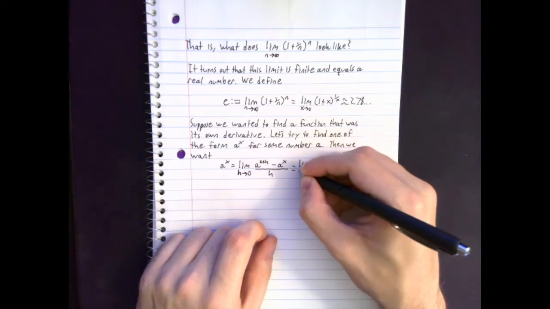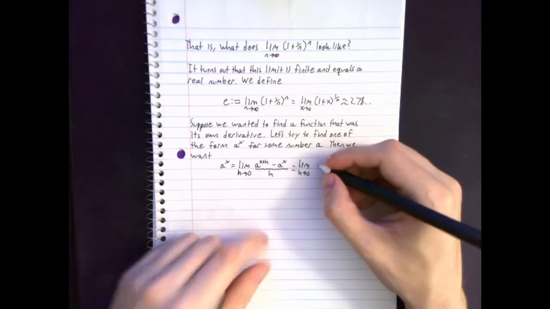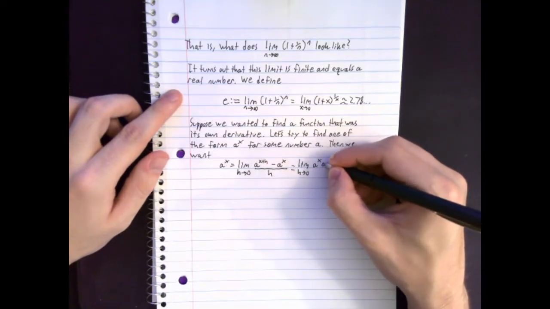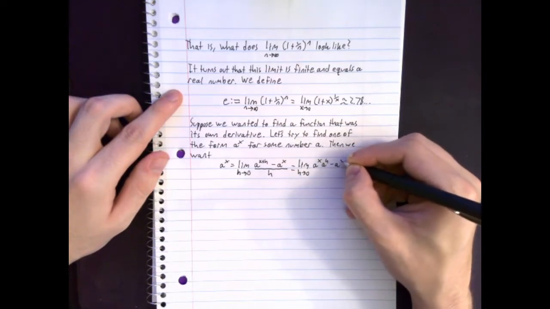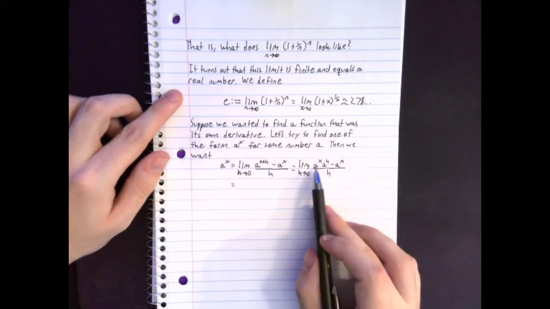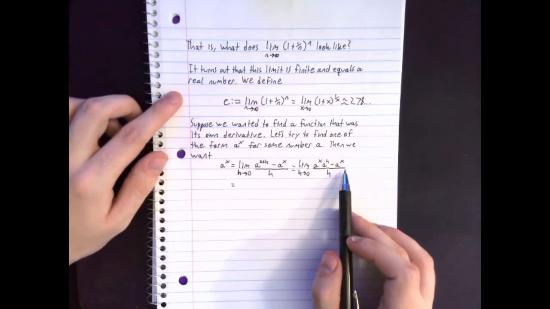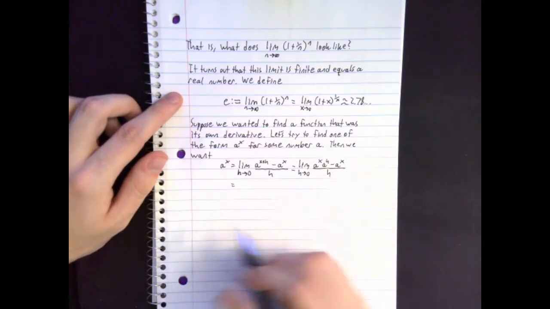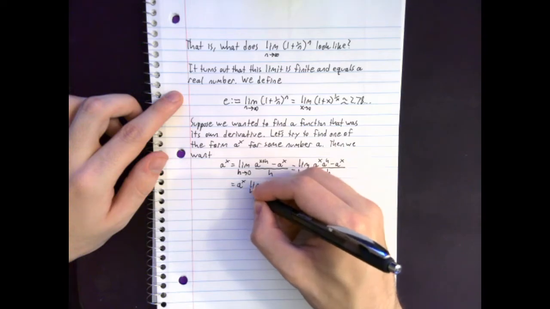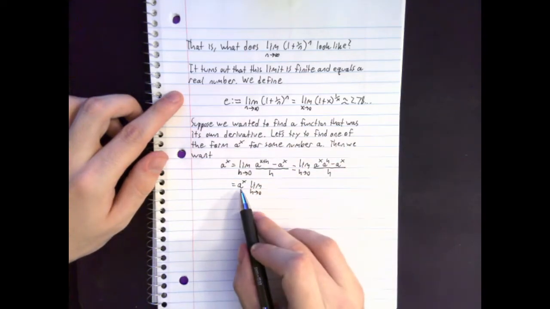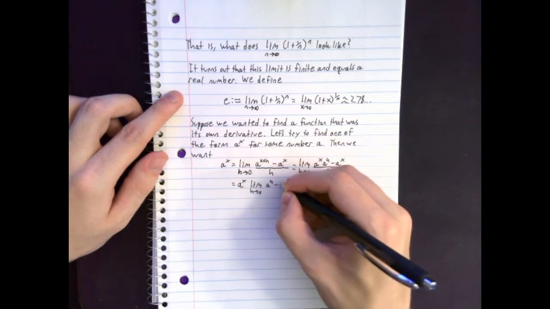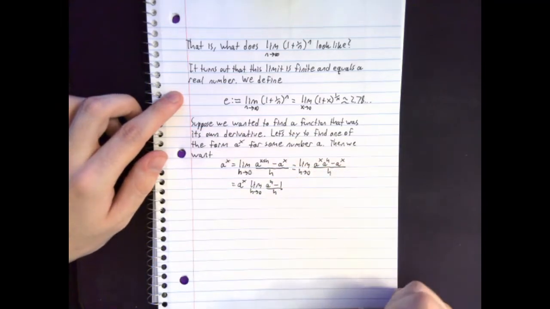So let's write out all the steps here. This is a to the x times a to the h minus a to the x, over h. And the a to the x, well, that's not changing with respect to h, so this just comes all the way outside of the limit. So we want the limit as h goes to 0 of (a to the power of h minus 1) over h.